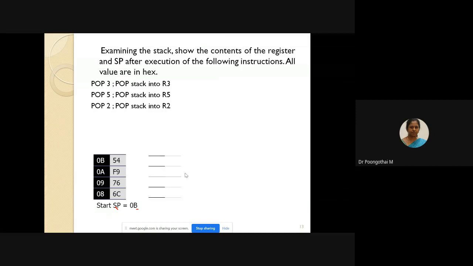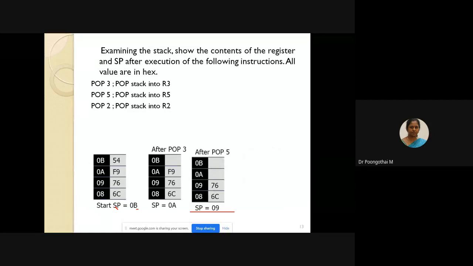So after POP 3, your stack pointer is initially pointing to 0B, okay? So it will decrement the value. After execution, what will be the content of R3?